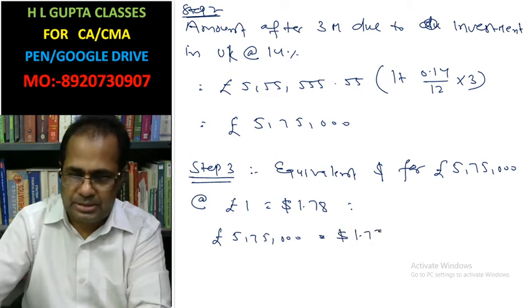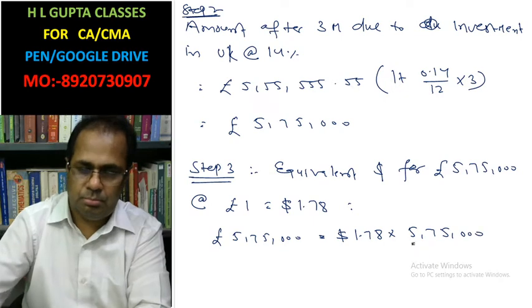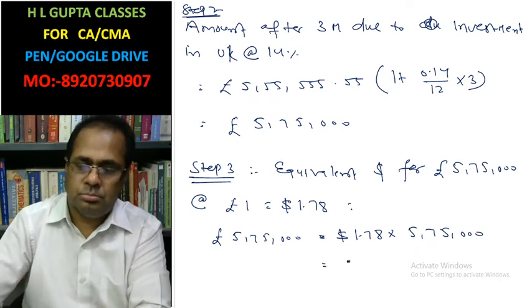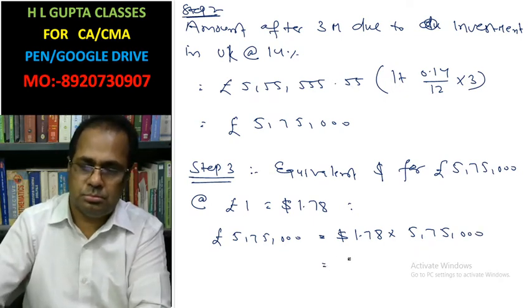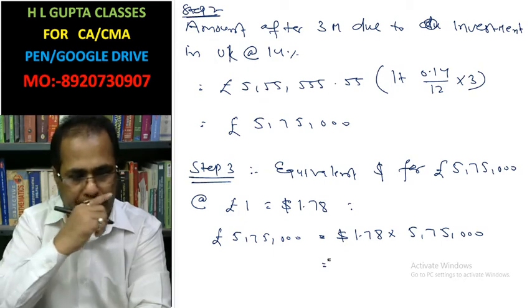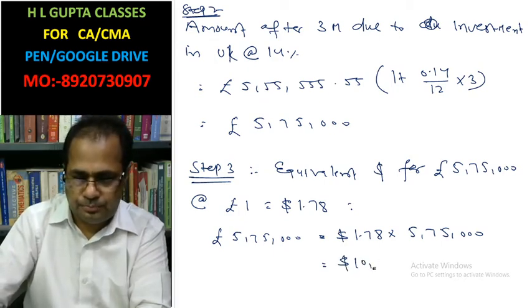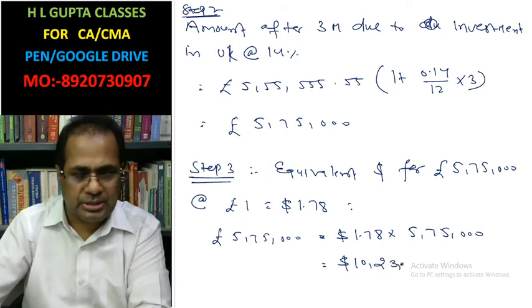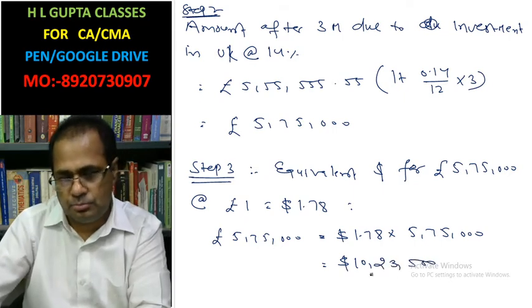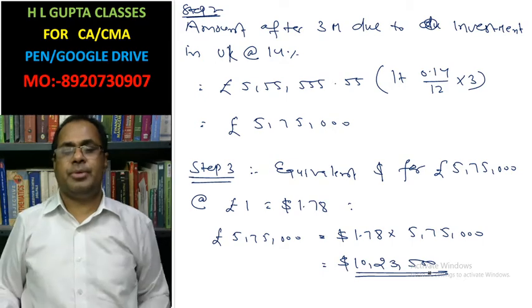Dollar 1.78 into 5,75,000 is 10 lakh 23,500.